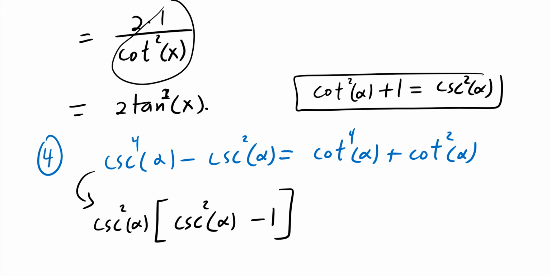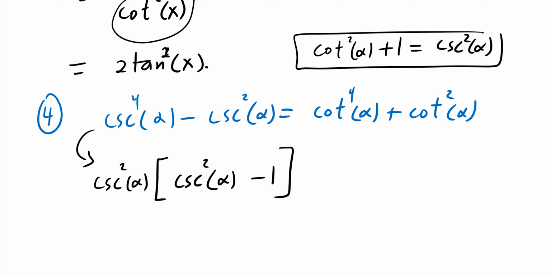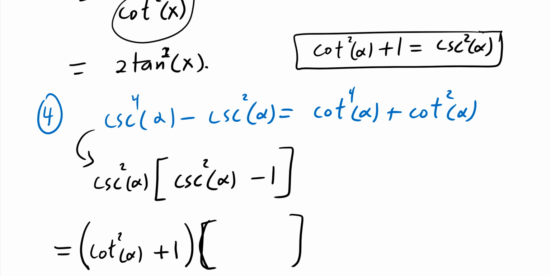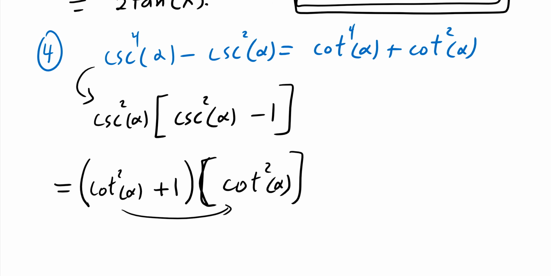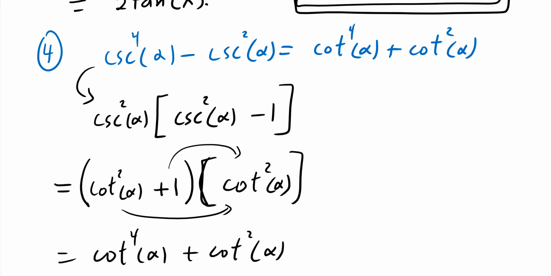Okay, so I need this to be in terms of cotangent. So from the box thing there, I can replace this with cotangent square alpha plus 1. And this one here inside the bracket, from this boxed formula, cosecant square minus 1 is cotangent square alpha. If we distribute now, multiply this by this and this by this, we get cotangent to the 4th alpha plus cotan square alpha. And that's what we wanted.